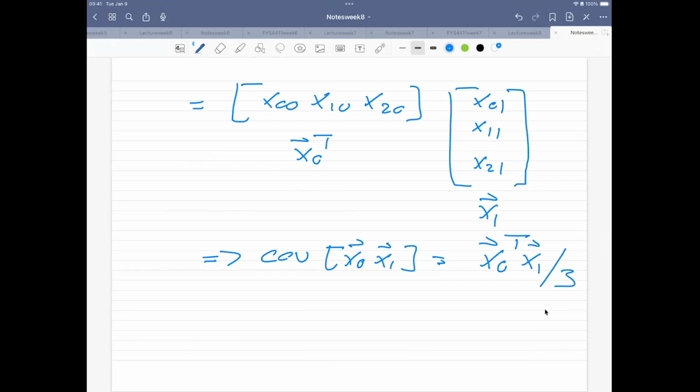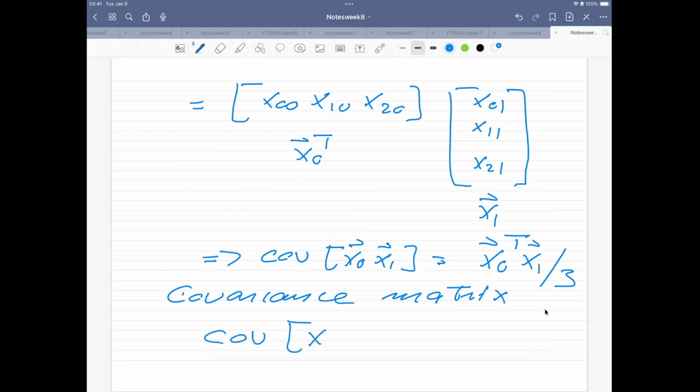So in general, I'm going to define a covariance matrix, and I'm not going to use these symbols x0 and x1. So this is called the covariance matrix. And this is something we would label as covariance of x. And this is going to be given by 1 over n, x transpose times x.